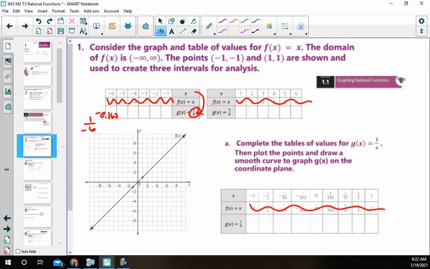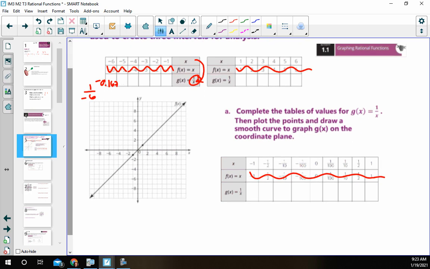I want you to pause the video and fill out this table and actually practice typing it into your calculator. When we get to the fractions here, you have to be careful that when you do 1 divided by -1/2, you have to put this in parentheses. Otherwise, it's going to be 1 divided by 1 divided by 2, which is not the same thing. So when you're doing your fractions, please make sure you put them in parentheses.